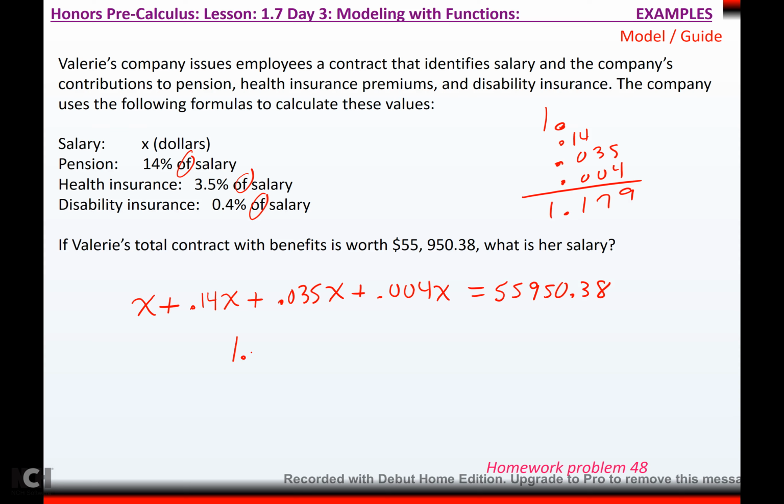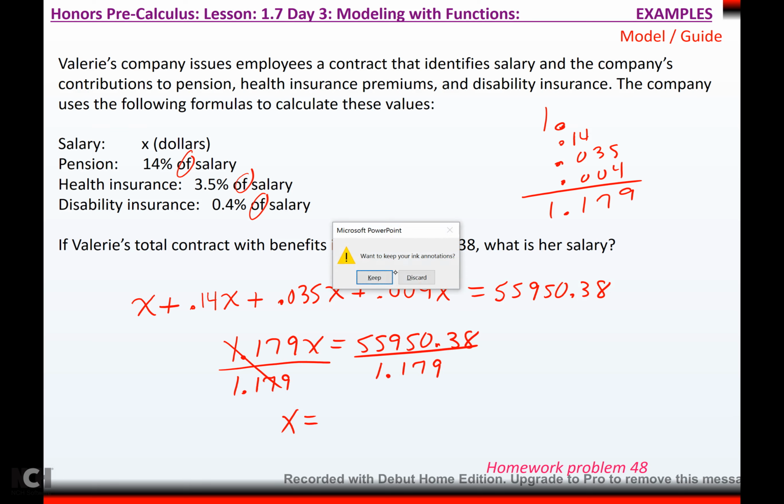So I have 1.179x equals 55950.38. To get x alone, I'm going to divide by 1.179, and I get x equals whatever that comes out to be. Give me just a second.